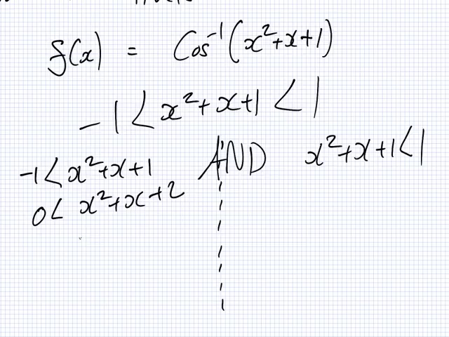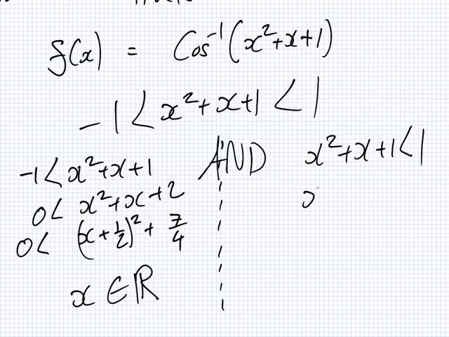Minus b plus minus square root b squared, that's 1. Oh, this has no roots. In fact, actually, hang on. Let me check something here. This is all real values of x.